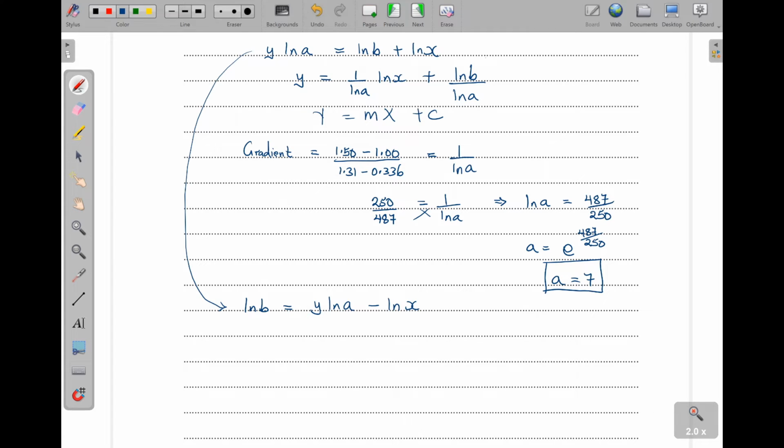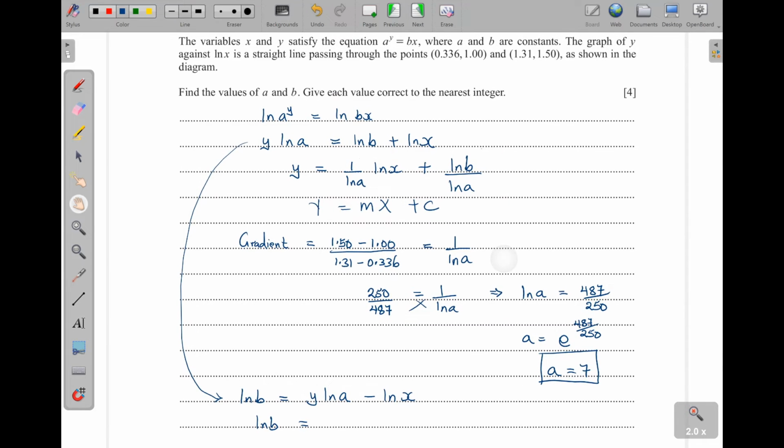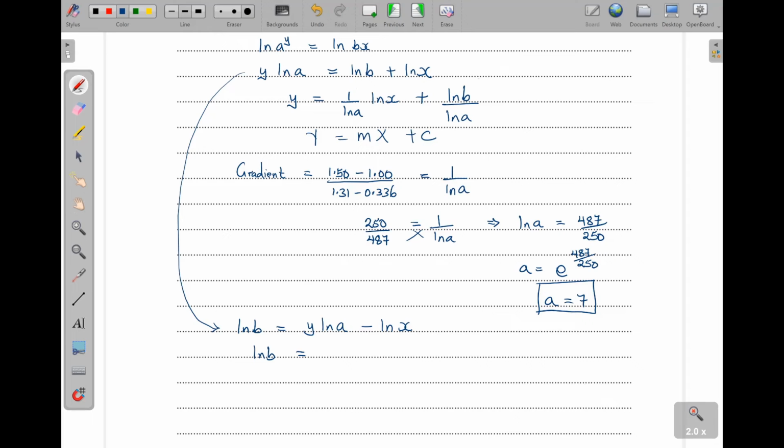Of x. So meaning natural log of b is going to be equal to, you get one coordinate that we can use, maybe 1.31 and 1.50. This is what I'm going to use. Remember, this is natural log of x and then this is y.